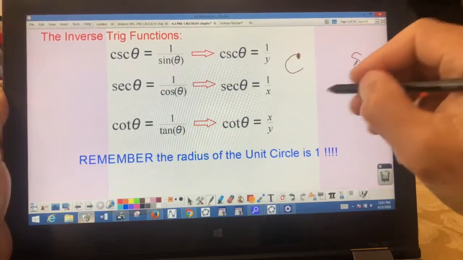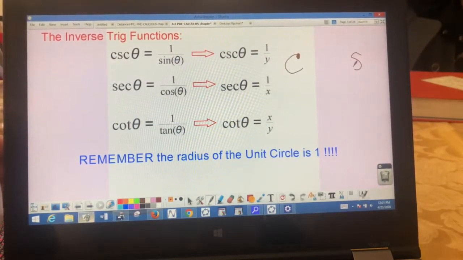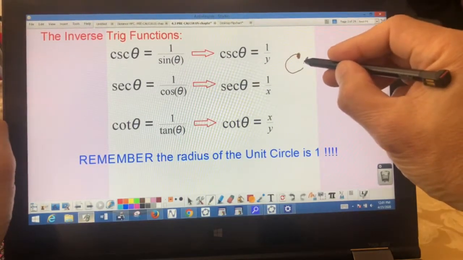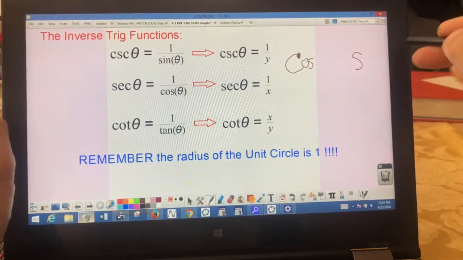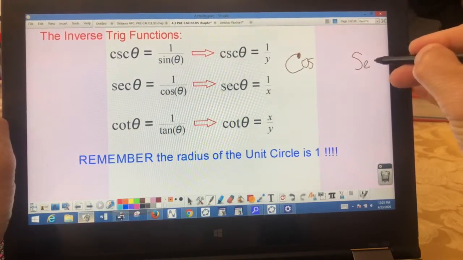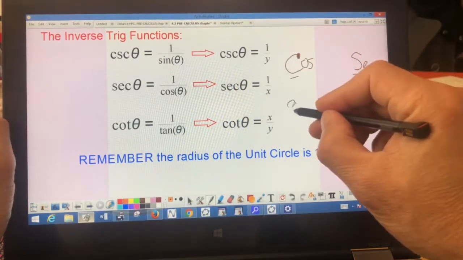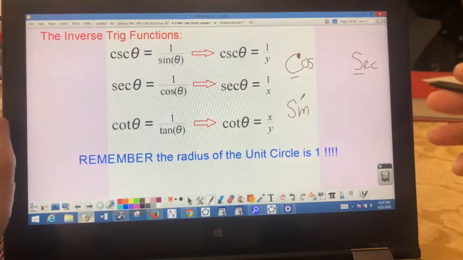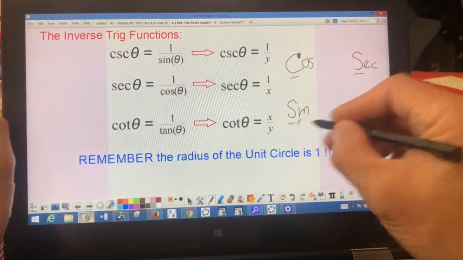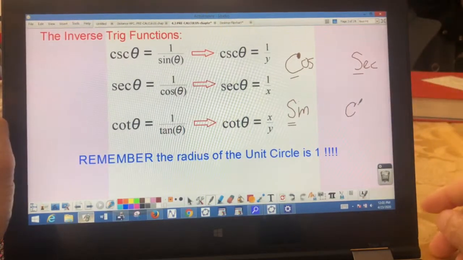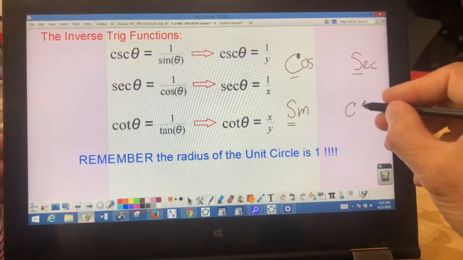C and S are always inverses of each other. For example, the inverse of a cosine is a secant. C and S. If they ask what is the inverse of a sine, S and C are inverses of each other. So that would be cosecant.